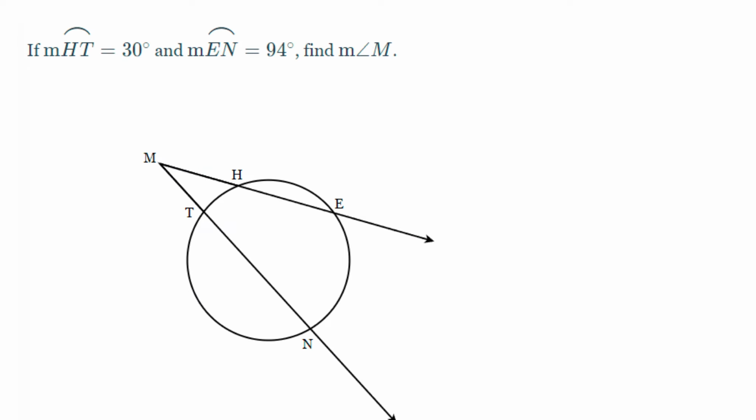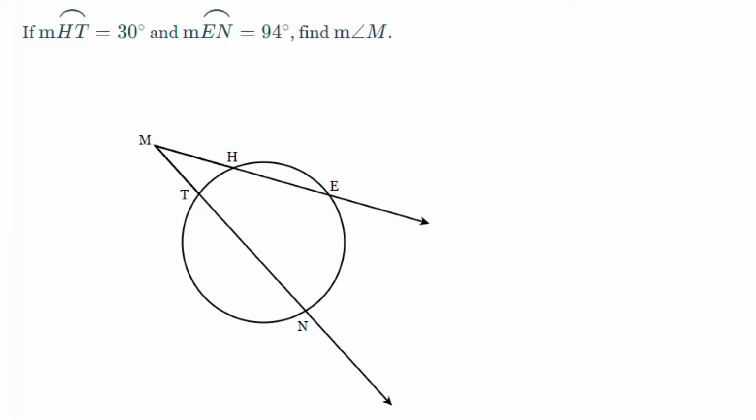As we look at this example, what we have is two secant lines that are intersecting on the outside of the circle. So again, always look back at your formula sheet. What we learn is this angle M, and we can just call it angle M because it's the only one, is equal to the larger arc minus the smaller arc, all divided by 2.